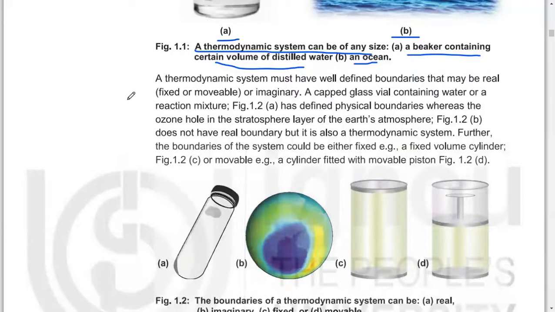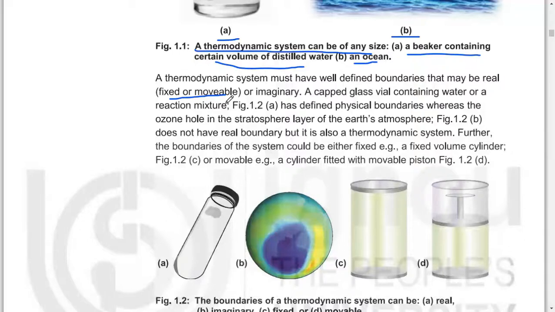A thermodynamic system must have well-defined boundaries that may be real, fixed or movable, or imaginary. A capped glass vial containing water or a reaction mixture, Figure A, has defined physical boundaries, whereas the ozone hole in the stratosphere layer of the Earth's atmosphere, B, does not have a real boundary, but it is also a thermodynamic system.